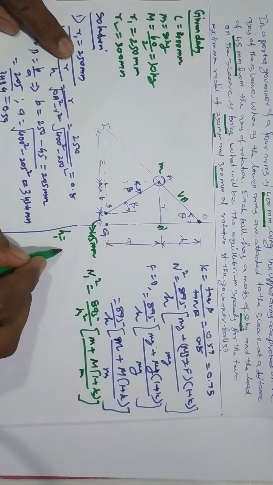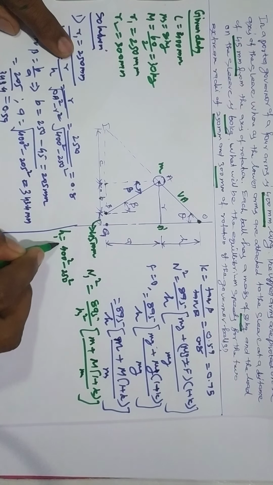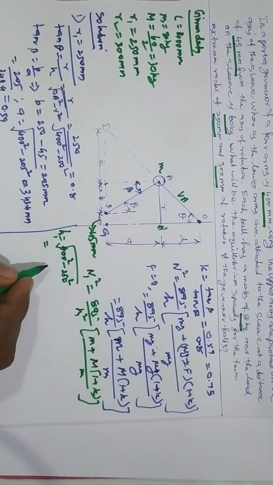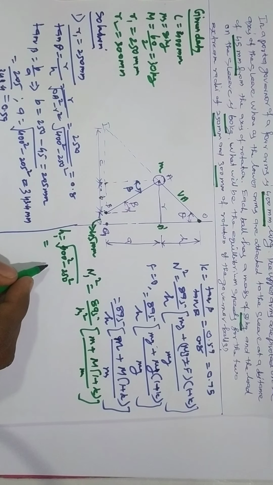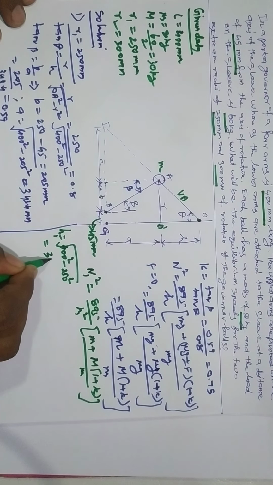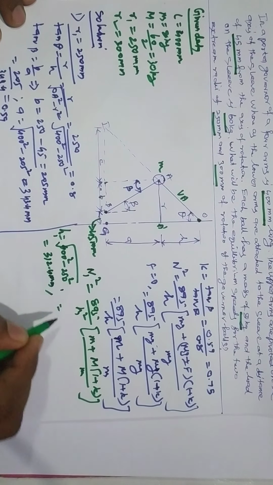So h1 is equal to the square root of 400 square minus 250 square, so the value of h is 312.4 m.